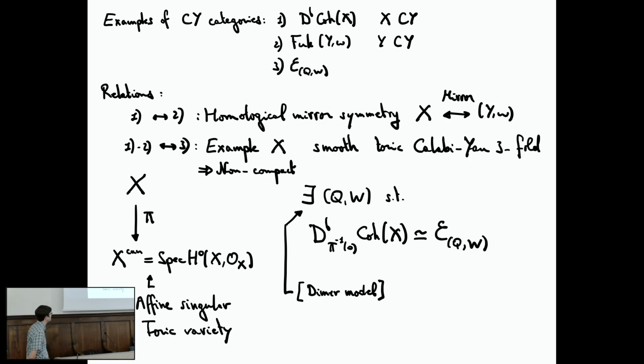You can look at sheaves on X which are set-theoretically supported on these compact curves and surfaces, so that you get a proper category. In this setup, it is known, through a long story developed by many people, that there is a recipe to cook up a quiver with potential, Q and W, so that this category is equivalent to the Calabi-Yau 3 category attached to the quiver with potential.